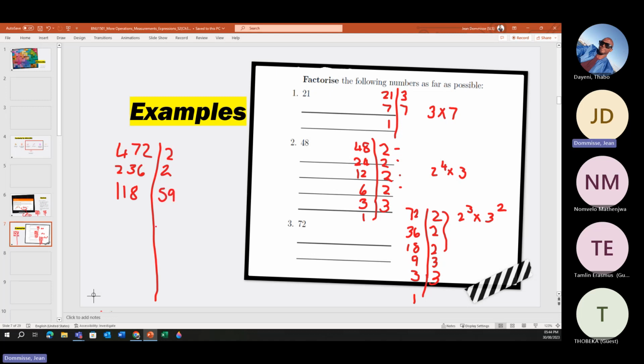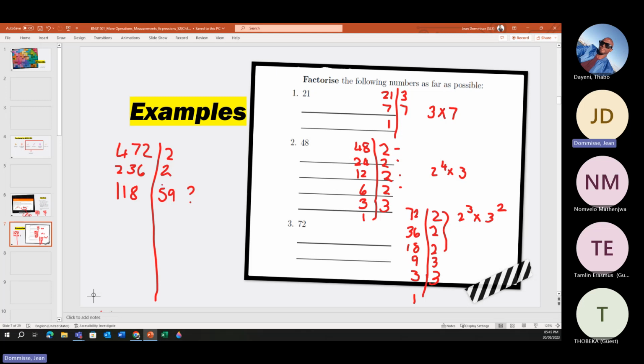And then I think 59 is going to be a problem because 2 doesn't, 3 doesn't, 4 doesn't, 5 doesn't, 6 doesn't, 7 doesn't, 8, 9. So that is probably where it's going to end. You can check if there's anything else, but probably 59 is a prime number.